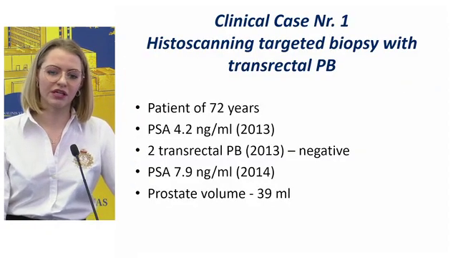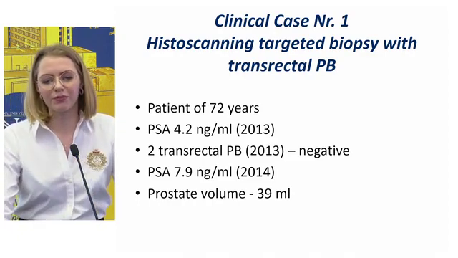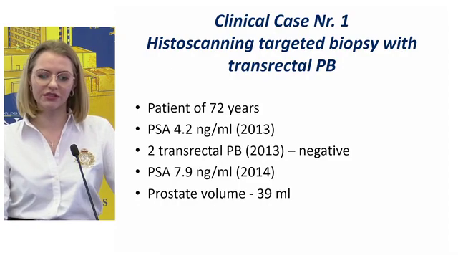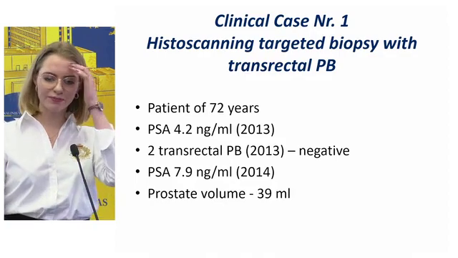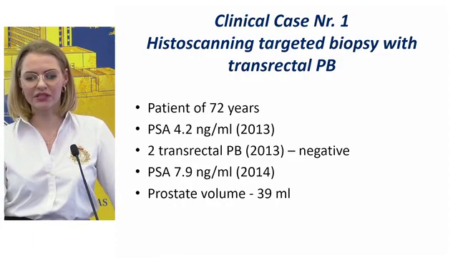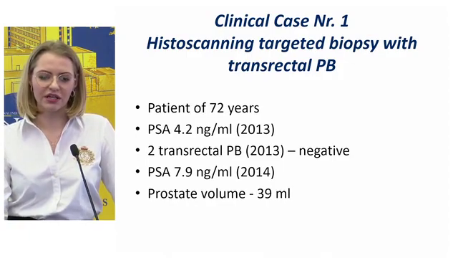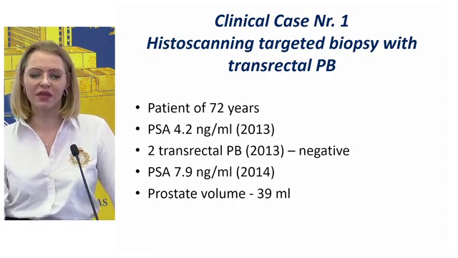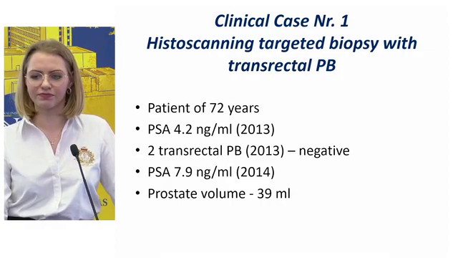So we jump into the clinical cases. Clinical case number 1 is a patient of 72 years. In 2013, he had a PSA of 4.2 nanograms per milliliter. The patient received 2 transrectal biopsies. They were both negative. PSA continued to increase up to 7.9 nanograms per milliliter in 2014. Prostate volume was 39 milliliters.